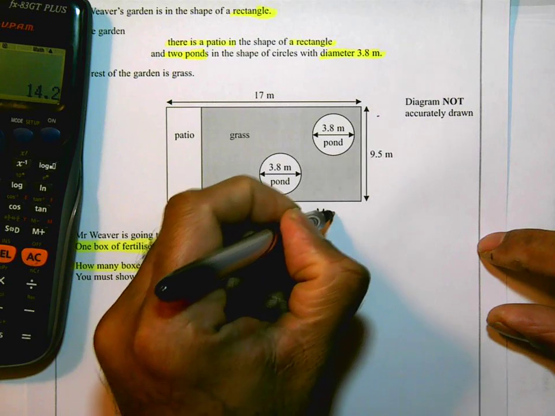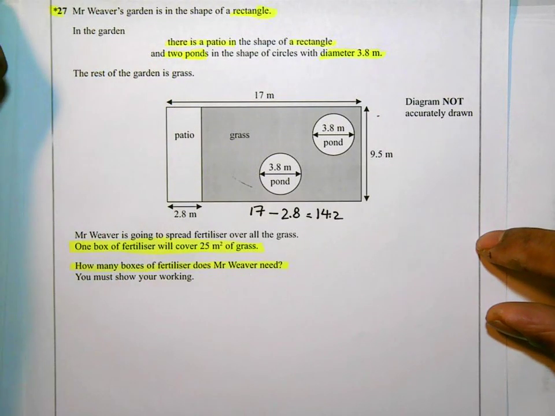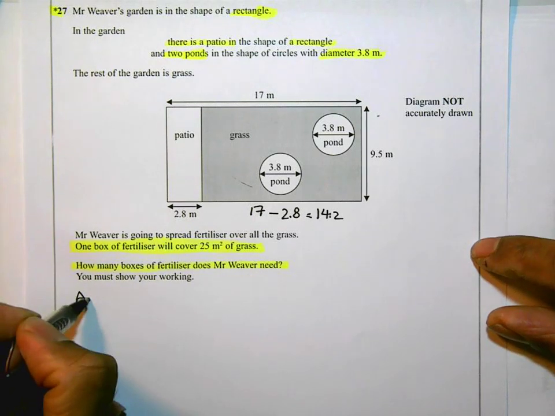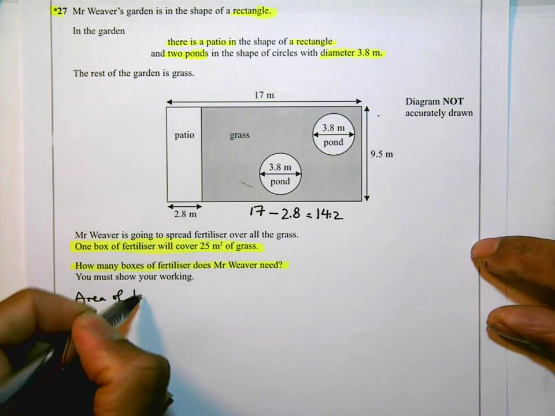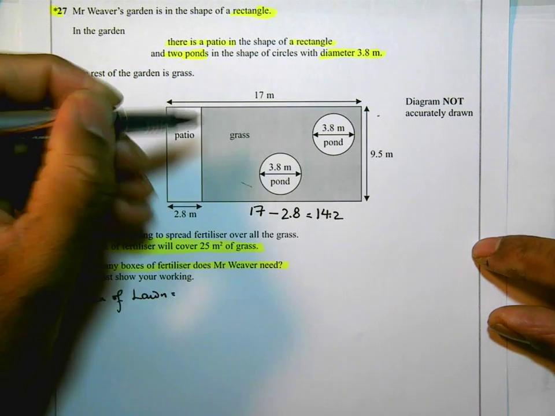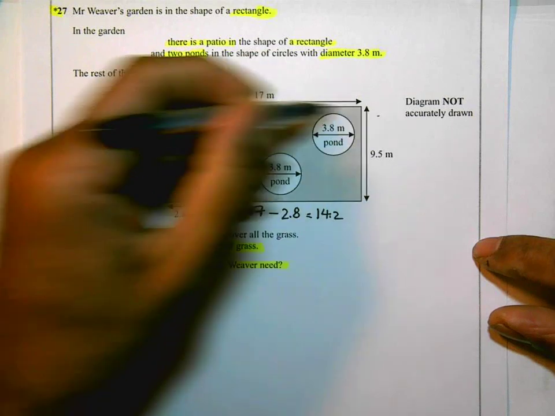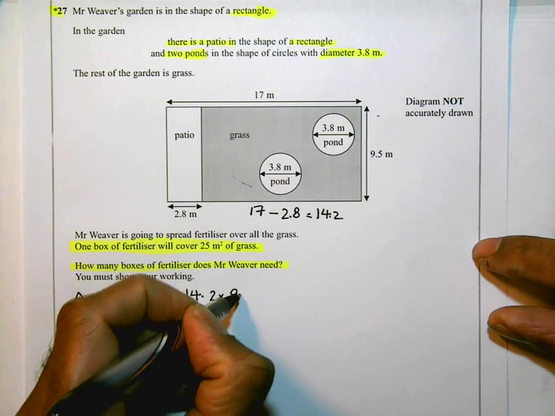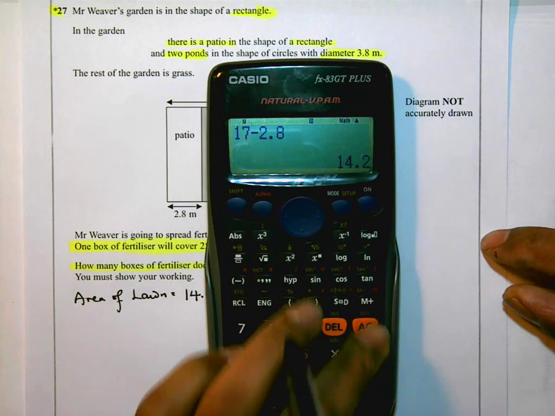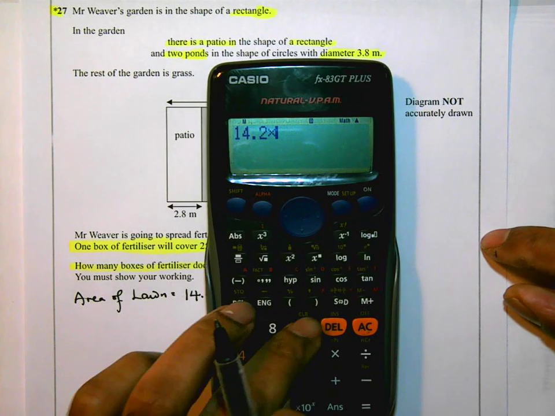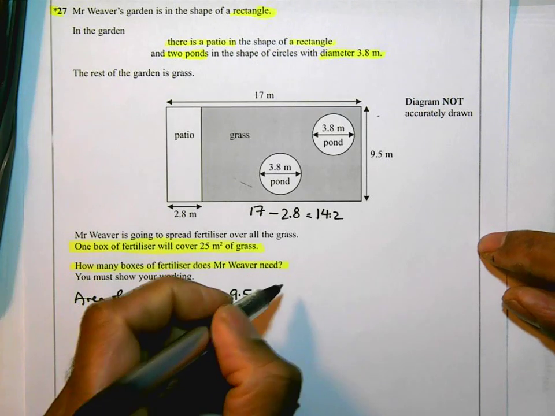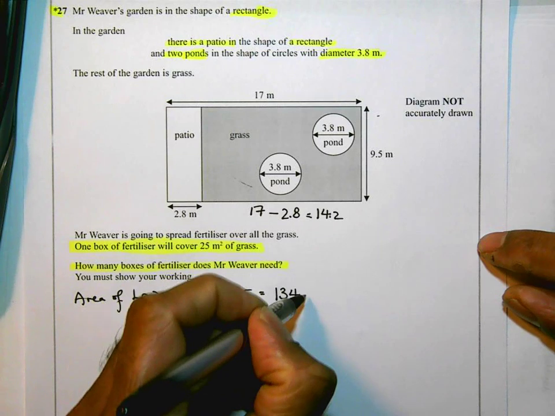14.2. So I'm going to put area of lawn. That is going to be 14.2 times 9.5. 14.2 times 9.5 equals 134.9.